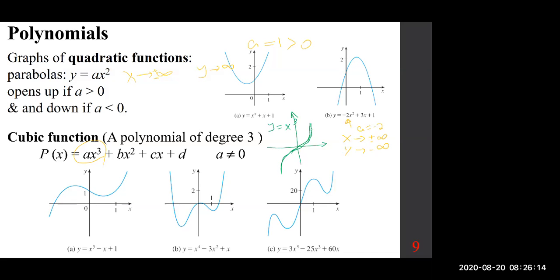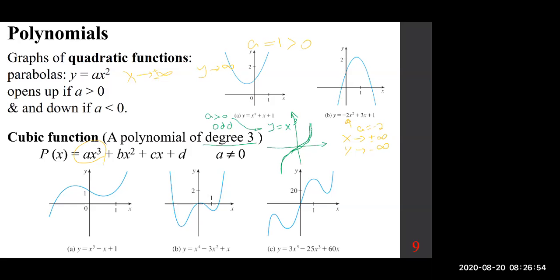As you can see, the end behavior gives us the first and the third quadrant, which means when the degree is odd, 3 or any other number that is odd, the end behavior is like y equals x cubed if a is positive, and like y equals negative x cubed if a is negative. So when a is positive, this is the end behavior.